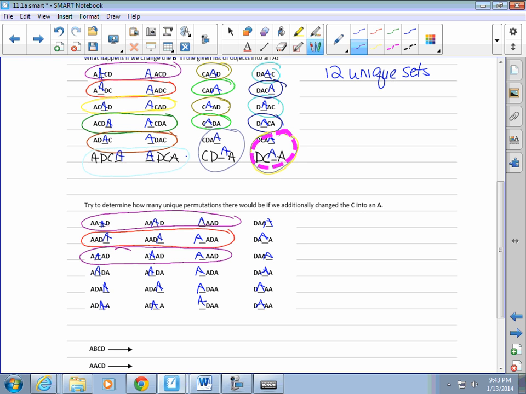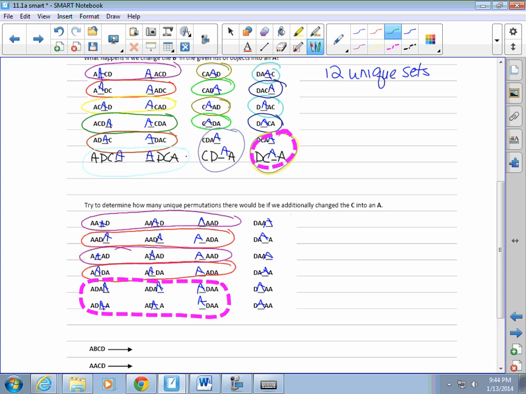AADA was the same as my red one, so that wasn't unique. ADAA, ADAA, ADAA, that's ADAA, that's ADAA, and that's ADAA. DAAA, DAAA. So all of these, this whole column here, are all D triple A's.